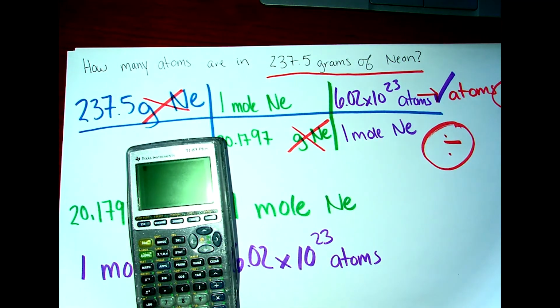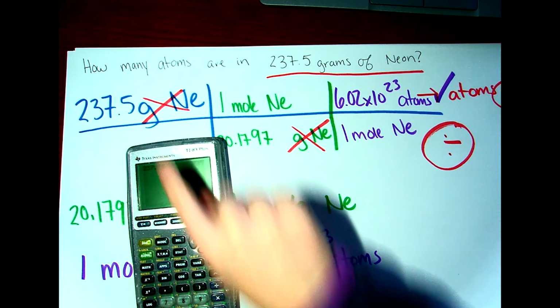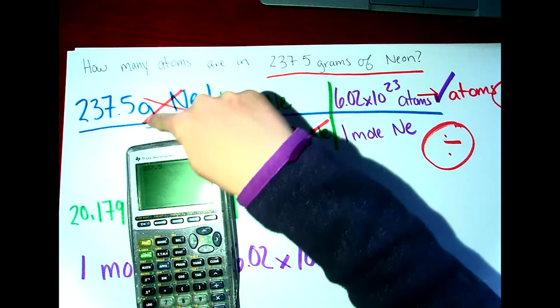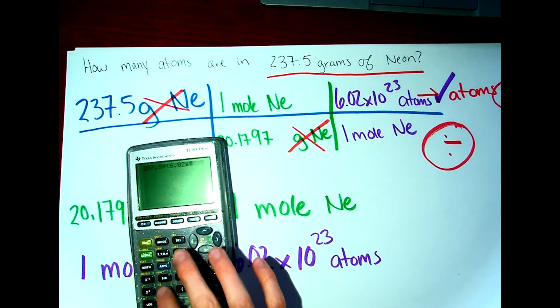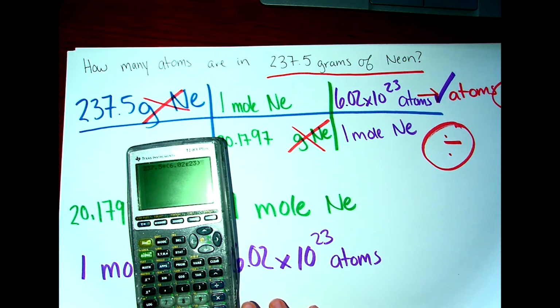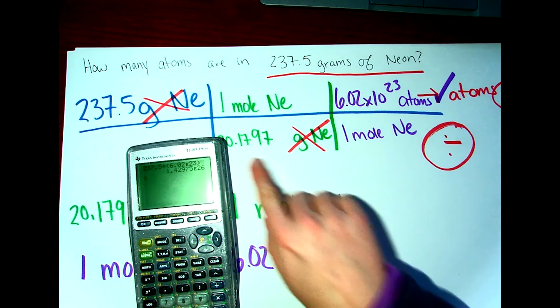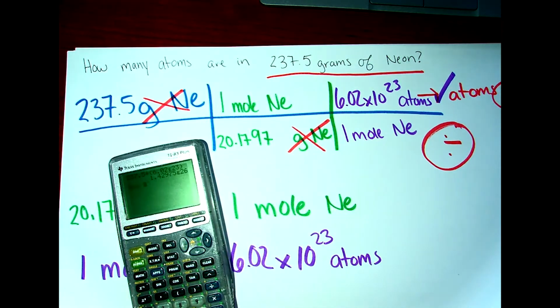So we could write 237.5 grams. We don't need to write the units because, again, those have canceled. Times Avogadro's number, which I am going to put in parentheses. And then I'm going to divide the whole thing by 20.1797.